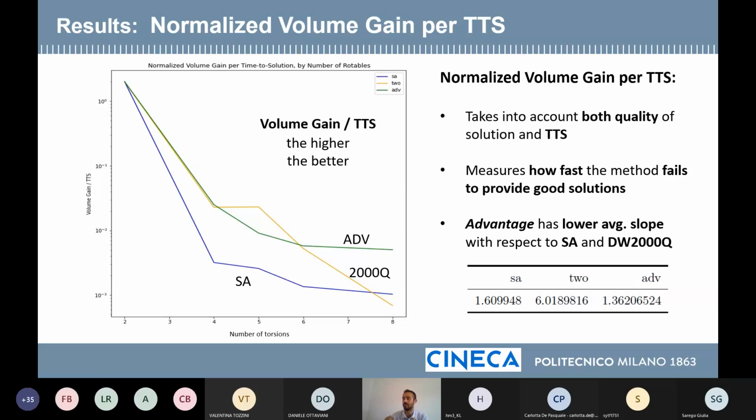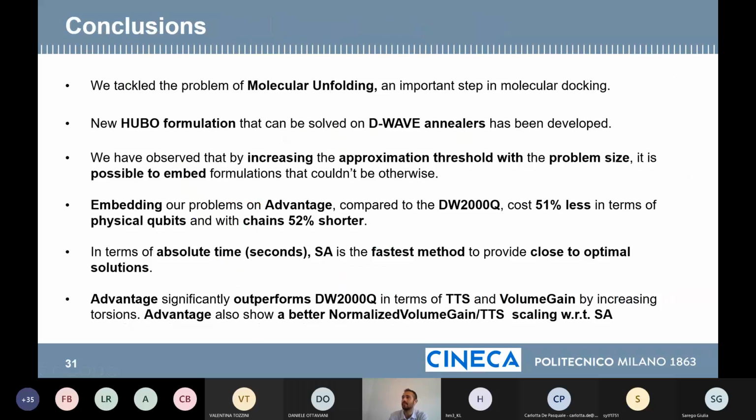It seems promising to say that Advantage is probably on the right path to beat simulated annealing in the future, also for this kind of problem, because here the higher the better. I think that's it more or less.